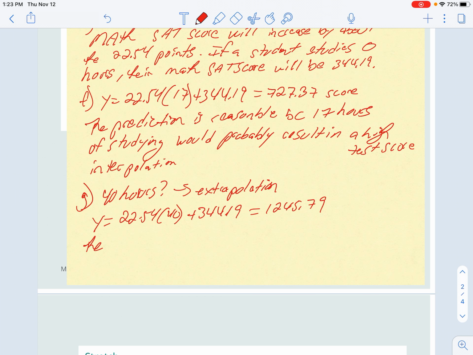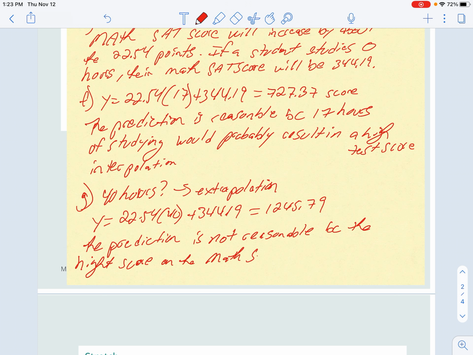The prediction works for our equation, but in the context of this problem, the prediction is not reasonable. Why is that? Because the highest score on the math SAT is only an 800. So you can't get above 800. There is no extra credit. You can study for 40 hours, but the best you might get is still an 800.